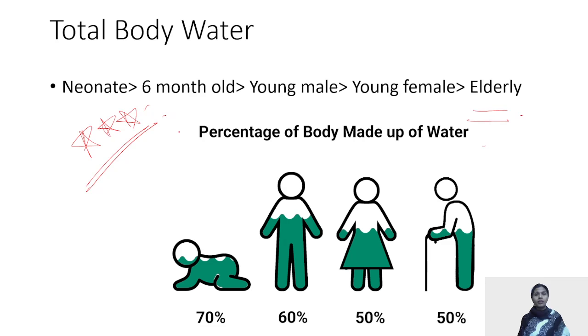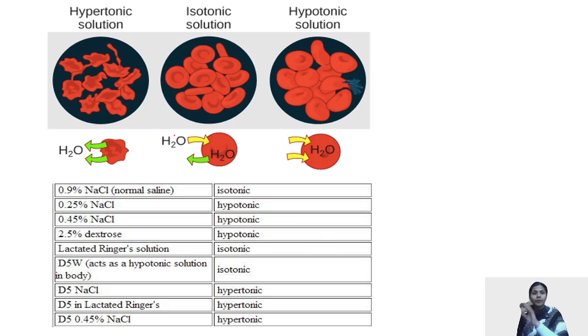So this is the descending order of the total body water: neonates, 6-month-old, young children, young male, young female, and lastly, elderly population.